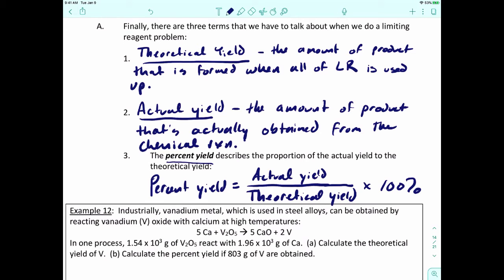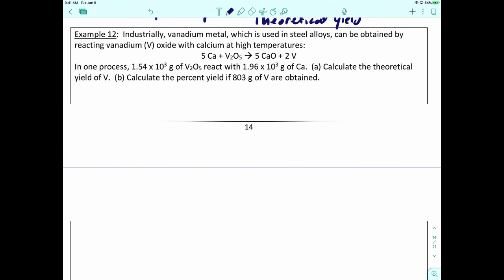Okay, so let's try a problem out using everything that we talked about: converting from grams to moles, molar mass, limiting reagent, excess reagent, percent yield. Let's put it all together and see what this kind of problem looks like. Here's our next problem.